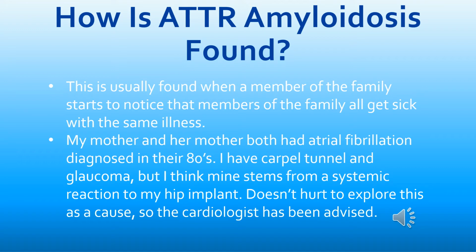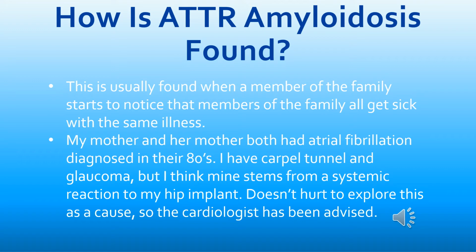Even though I think all of my problems stem from a systemic response to my hip implant that I had put in 2017, it's not going to hurt anything to have them explore this and see if maybe this is a family hereditary problem that is being passed down through the generations.